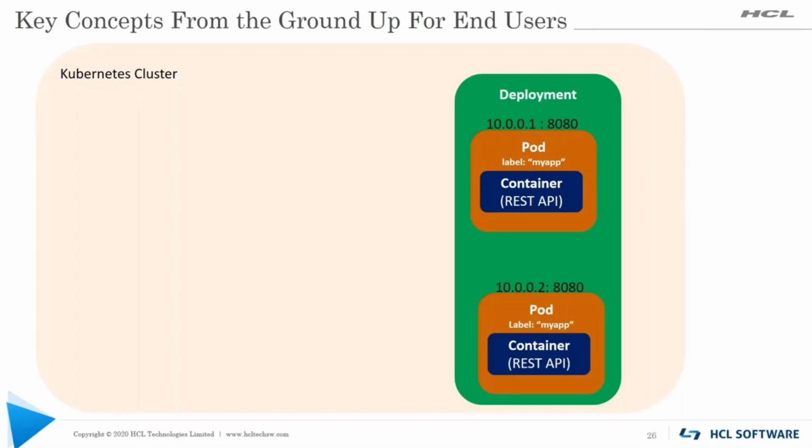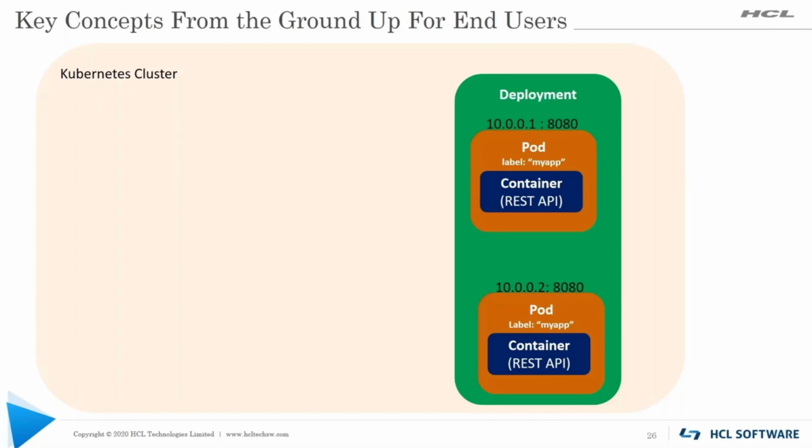So you can say, I want 2 copies or more, you could have 100, but in this case, I want 2 copies of my pod available at all times. You declare that in your deployment, and again, that's just more YAML, which we'll take a look at. The key object here, from a Kubernetes point of view, is the deployment. It says, here's the pod, here's the image to use, and make sure you've got 2 of them running at all times. And each one gets its own IP address and its own port that it exposes traffic on.